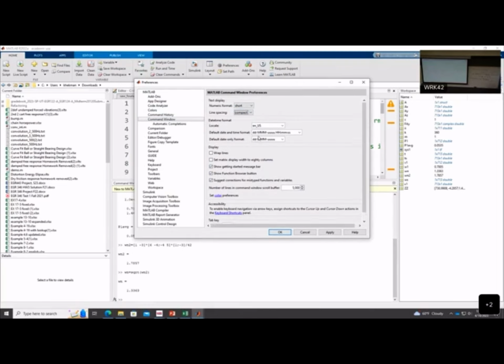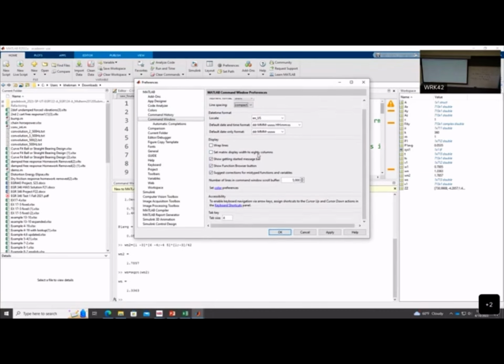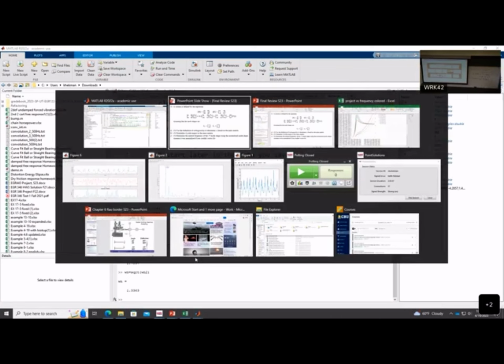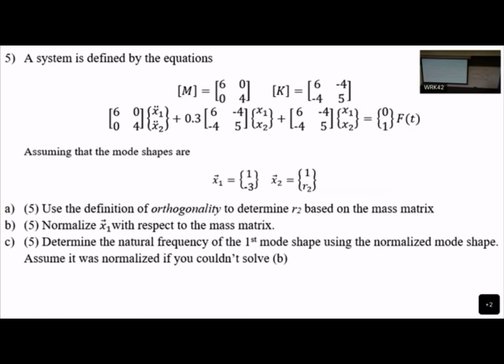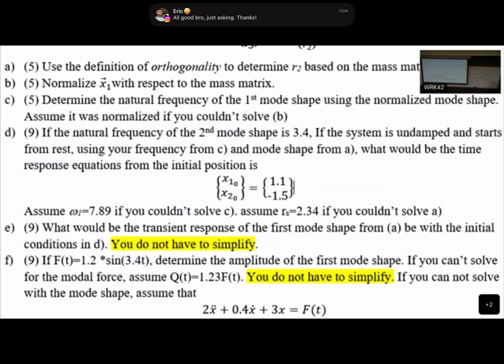It would be helpful if we could change the font. I guess we're stuck. All right, so that's how we can solve for the natural frequency.